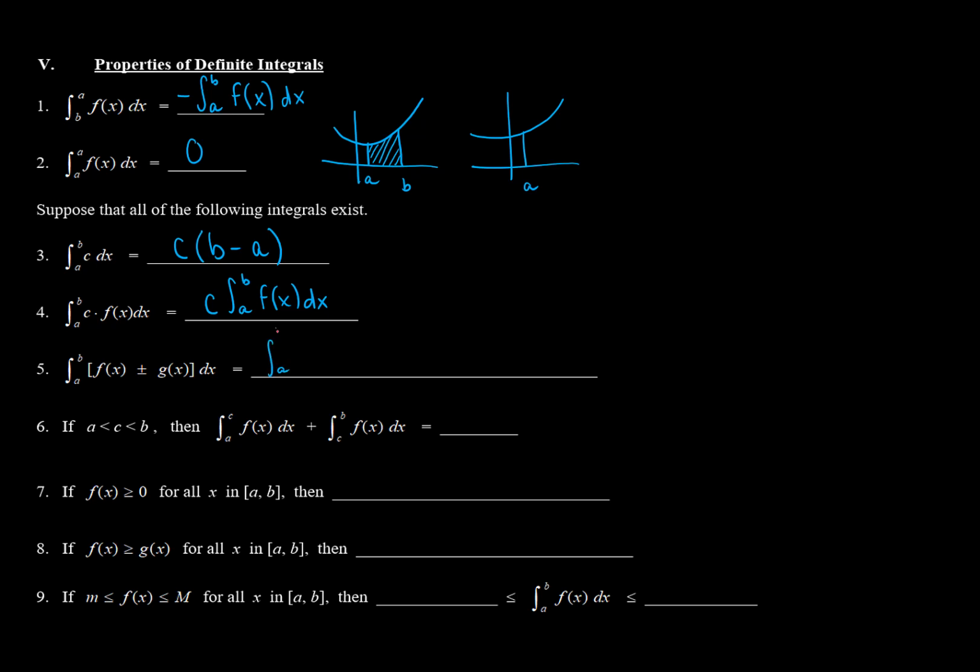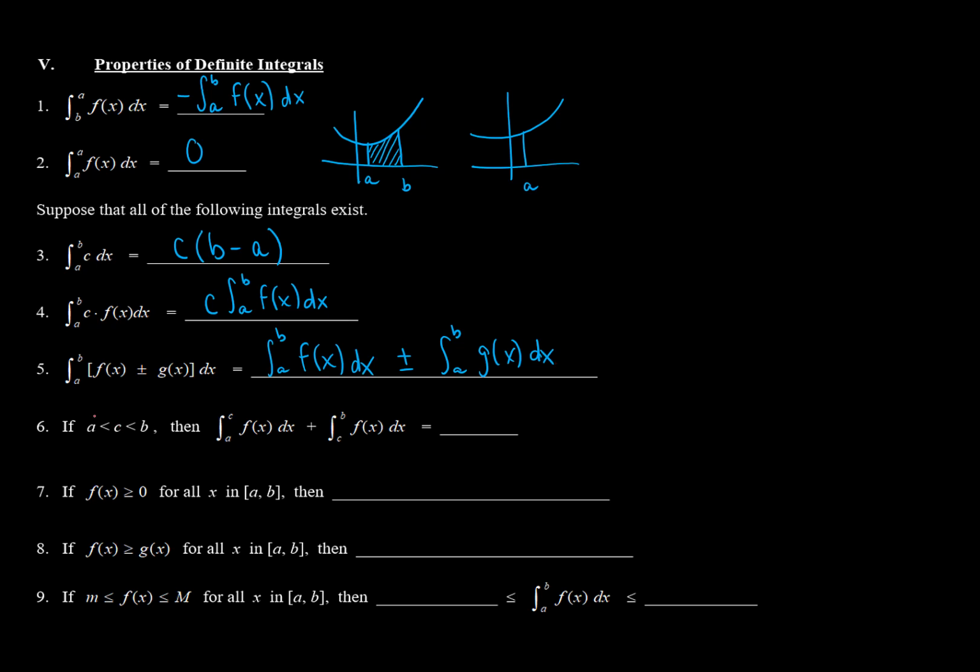Here, if you're going to add integrals, you can just add or subtract the integrals if you have 2 of them. Say you have things separated by terms. And then I always think that this one's pretty neat because it's helpful to find certain areas.